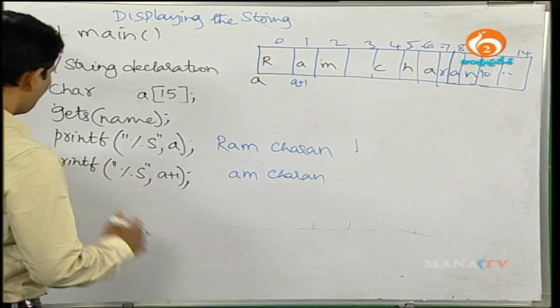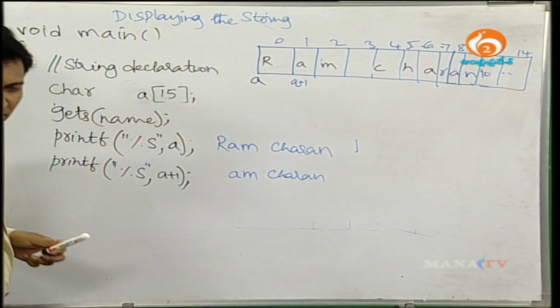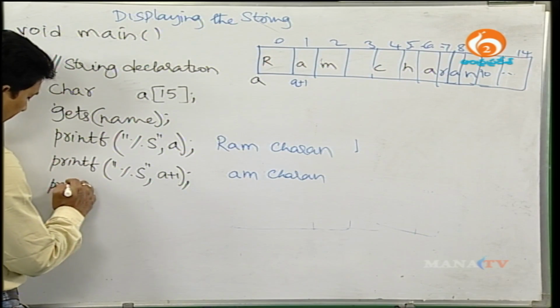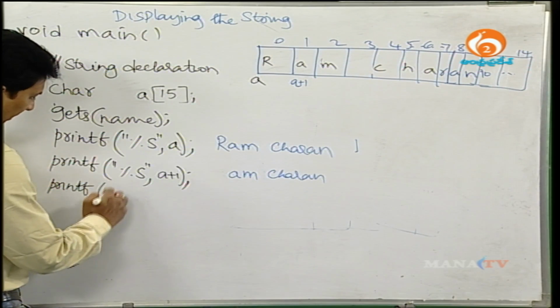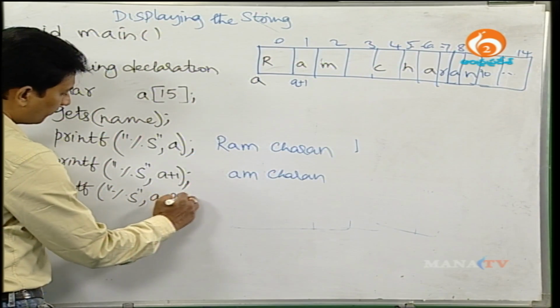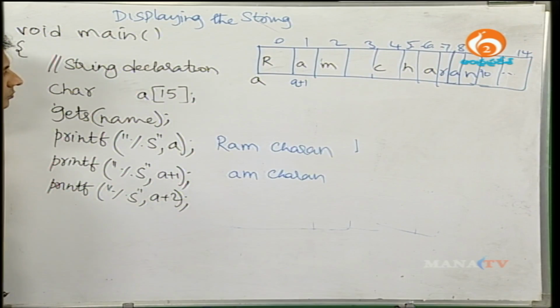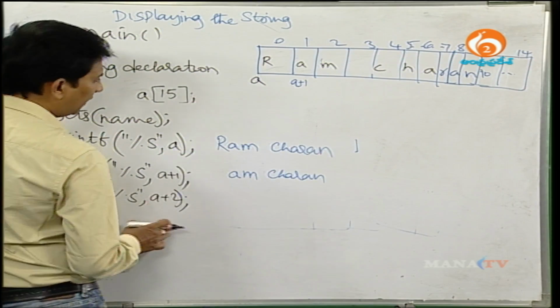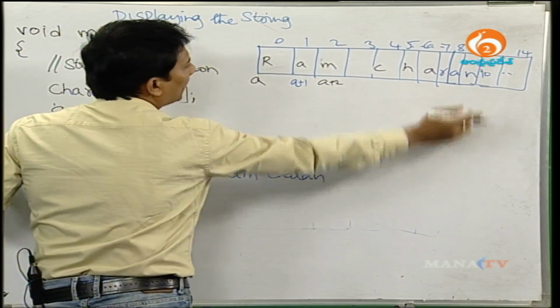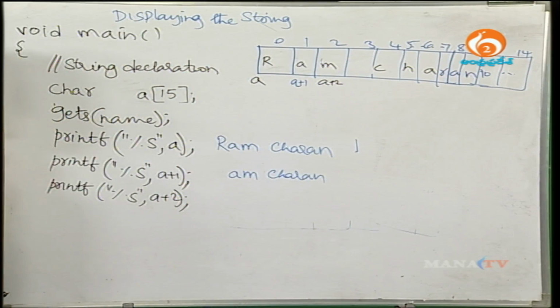So, for example, I want to write like this, printf %s a plus 2. Now, the meaning of this one is from a plus 2 till \0 is displayed.